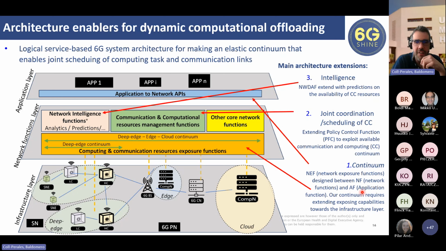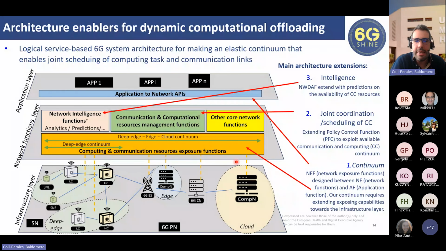The first one focuses on creating this continuum that expands the currently available network exposure functions, which are basically found between the application and the network function layer. The idea would be to extend this by introducing the infrastructure layer interfaces to the network function layer to make available here the computing and the communication resources of the different elements of the end-to-end network.